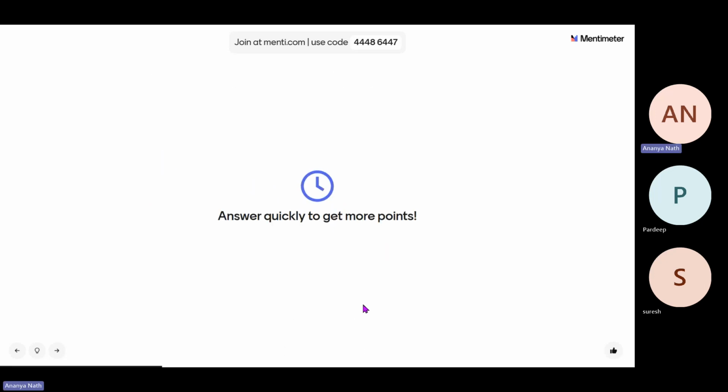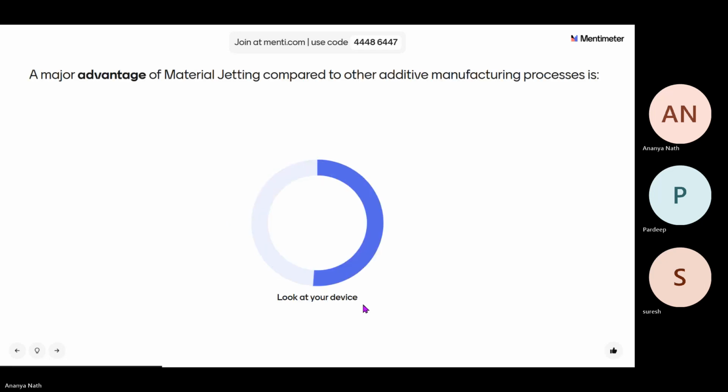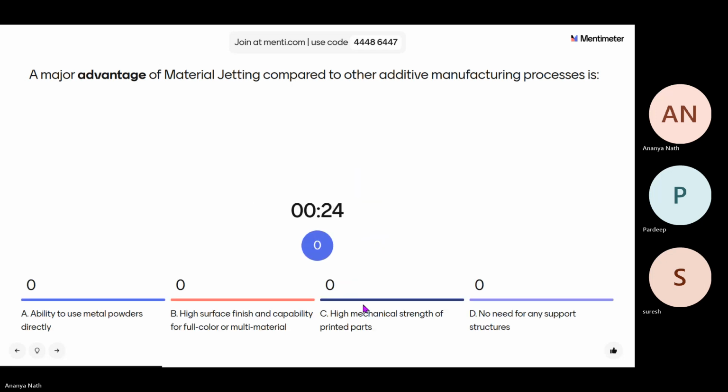Okay, next question. Material jetting. Metal powders.